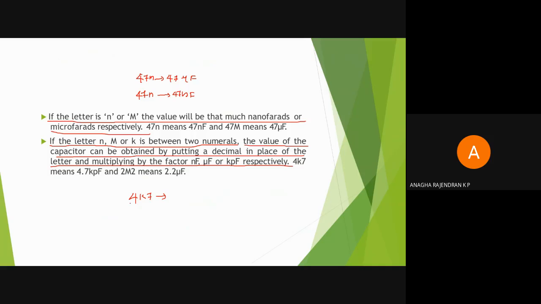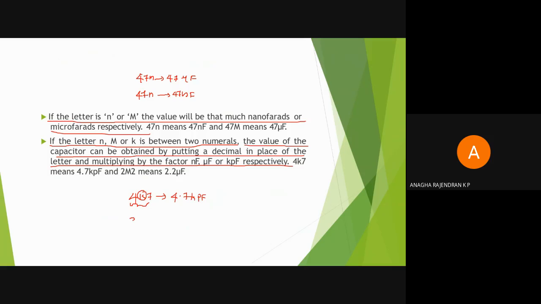Here we can see two numerals, 4 and 7, and in between them the letter K is placed. So we have to replace the letter K by a dot. So 4.7, instead of K we put a dot there. 4.7 kilo picofarad, because the letter in between these two numerals is K.